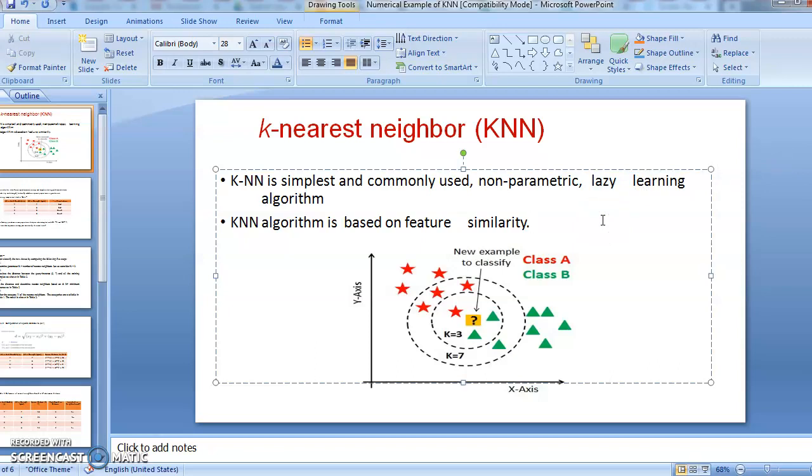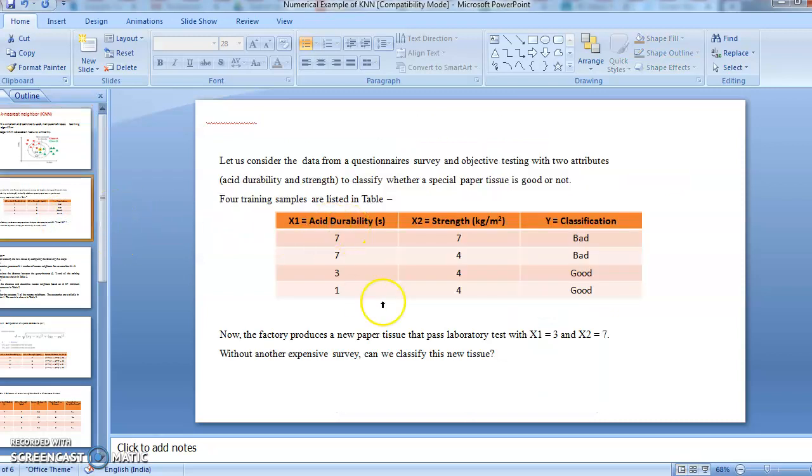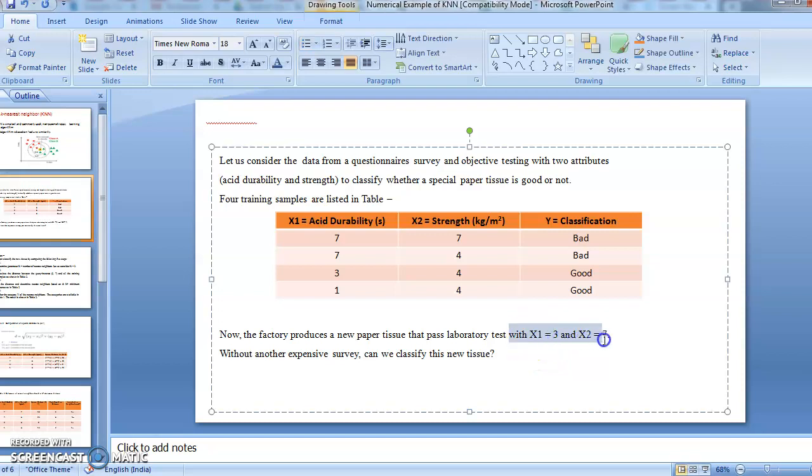It simply assumes the distance as the qualifying category. It works on feature similarity. According to the distance, whatever feature this particular point follows, the same feature is followed by the new data point. In this example, they have asked us to find the category of this paper: whether it is a good paper or a bad paper.